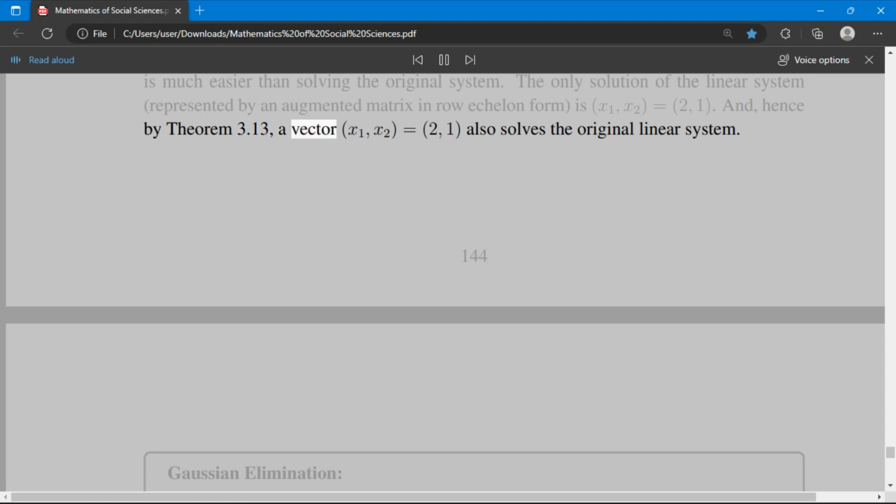And hence by Theorem 3.13, the vector (x1, x2) equals (2, 1) also solves the original linear system.